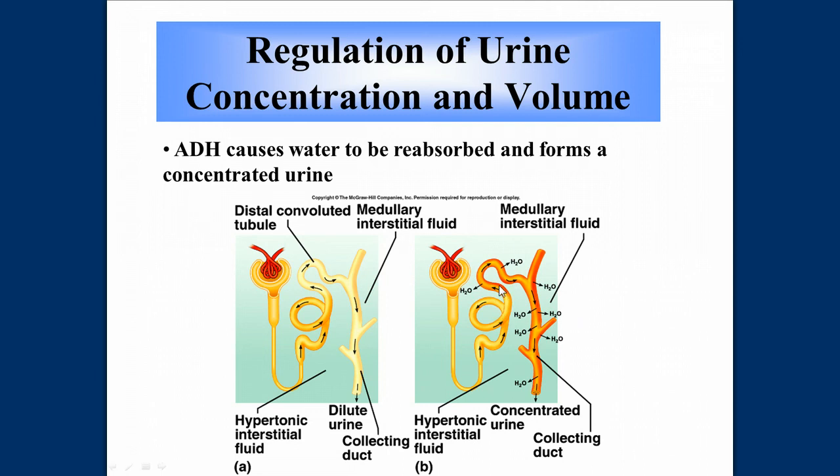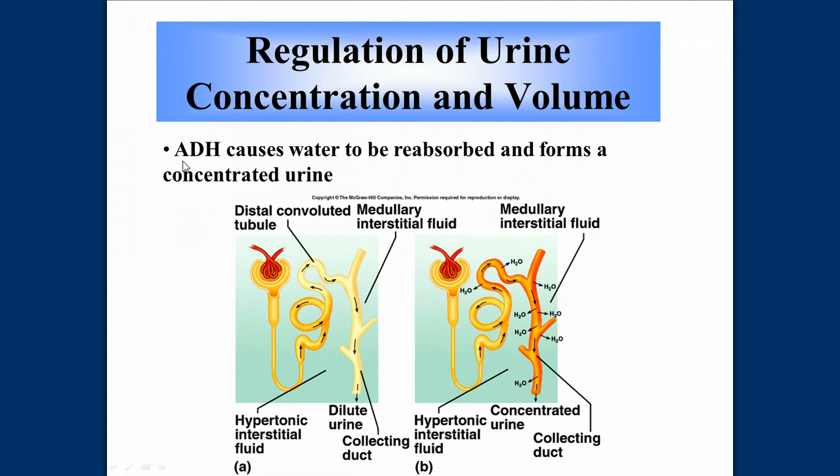So since that water is being picked up by the bloodstream again, it is no longer in the filtrate, and as it gets closer to the collecting duct, it becomes urine. So this urine is losing that water, which will be found in the interstitial fluids and picked up by the peritubular capillaries and returned to the bloodstream. So the urine is going to be more concentrated.